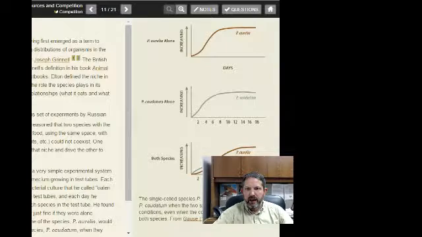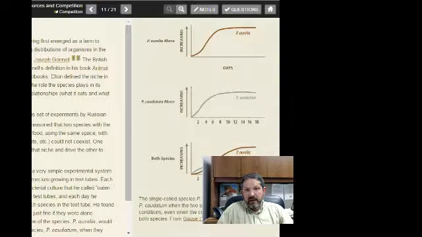Aha! Look at that. Okay, so either one would reach carrying capacity on its own, but when you put both species together, one, the Paramecium aurelia, always won out against Paramecium caudatum. And basically, this idea that two species can't overlap completely in their niche and coexist.